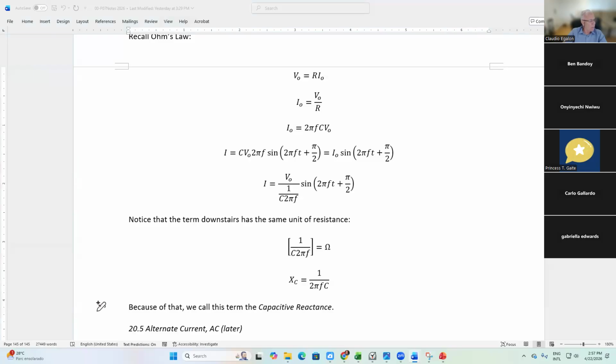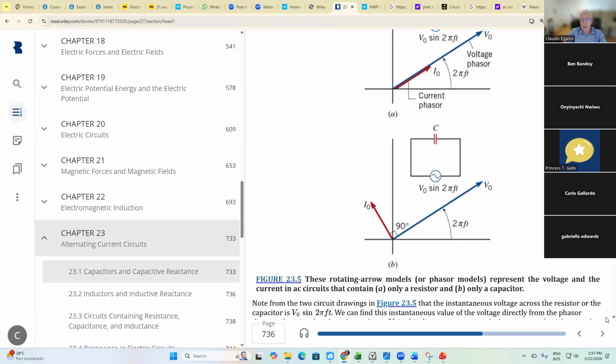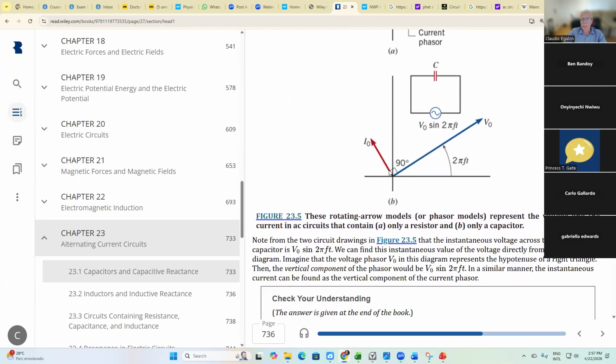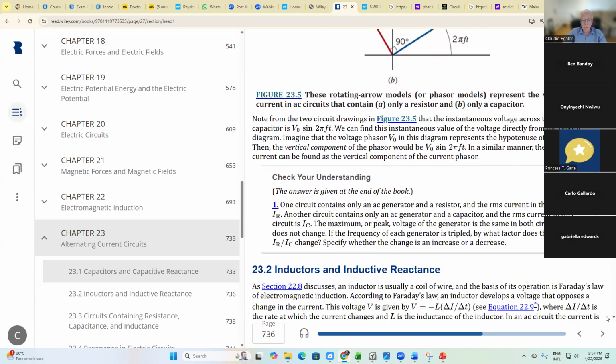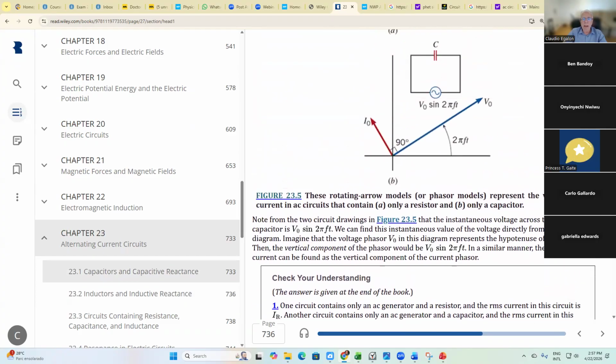And now the next example is going to be an example with the inductance. Let's take a look where we are right in here. Here you go, the current leading by 90 degrees with respect to the voltage. Inductors and inductive reactance.